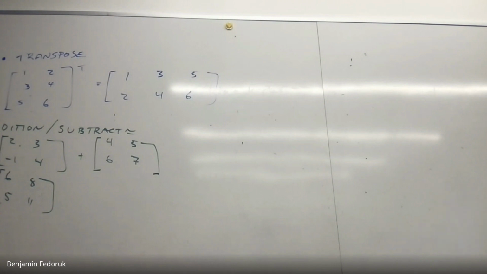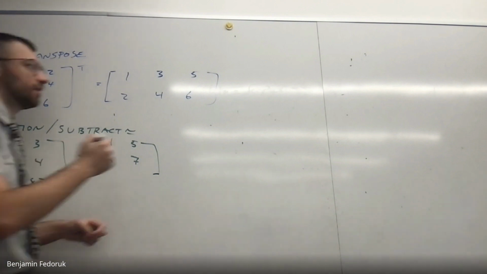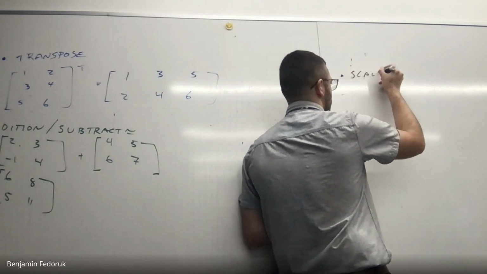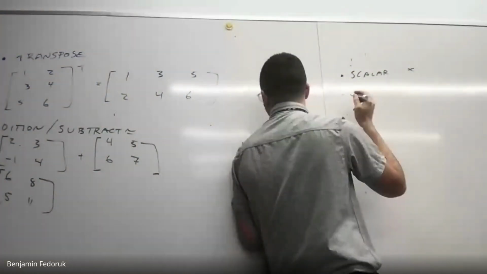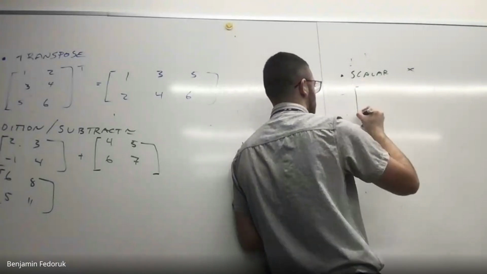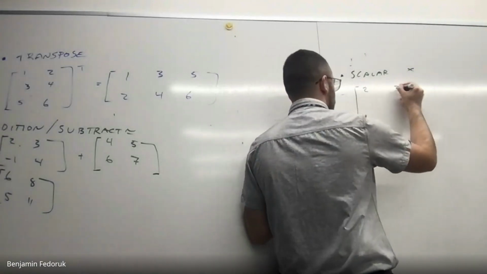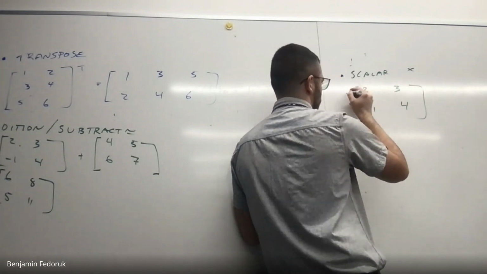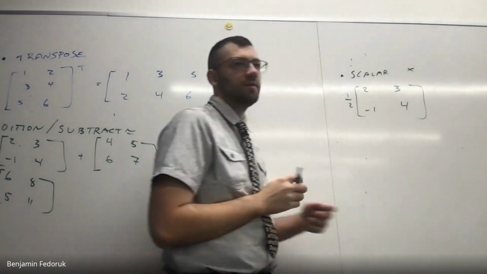What other operations do we know? It's another easy one, a kind of multiplication. Scalar multiplication, right? So if I take the matrix, let's just take that one, 2, 3, minus 1, 4, and multiply it by, say, a half, any number, doesn't really matter.